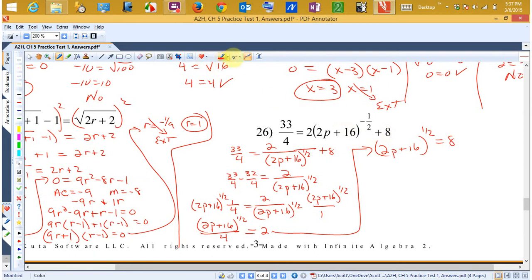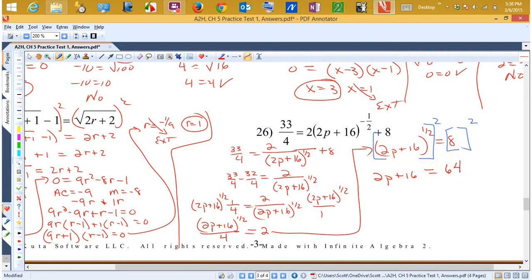So to get rid of the 1/2, I'm going to take this side and square it, which means I have to take the other side and square it also. So I'm going to have 2p plus 16 is equal to 64.